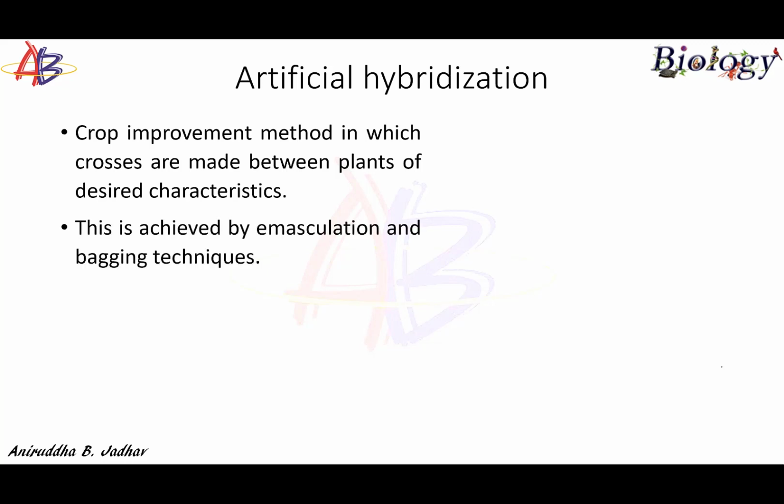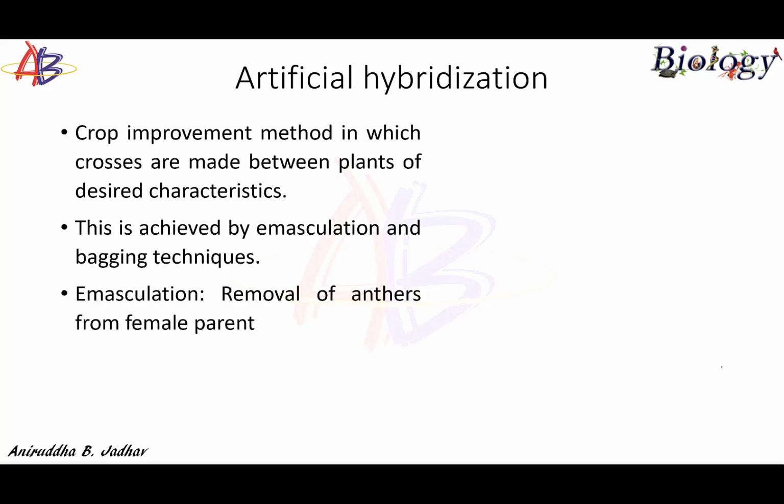This is also termed plant breeding experiments, and it is generally achieved by emasculation and bagging techniques, right? Under these plant breeding experiments, first suitable parental plants, that is, the plants from which we are going to select the male and female flower, or male and female gamete, are selected. Then emasculation and bagging are followed to prevent self and undesired pollination.